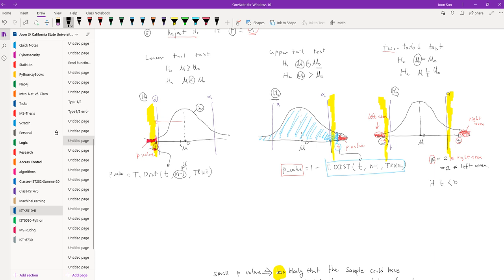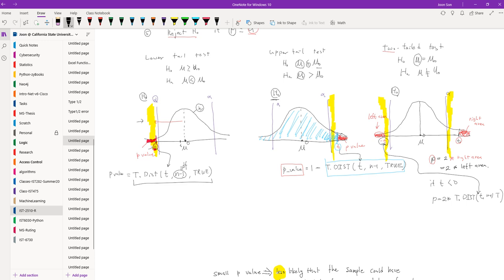We know that this is negative. So when the t is negative, like this, the p is 2 times the left area, which is this guy. So 2 times T.DIST, and we plug this t value here, then n minus 1 and then TRUE.